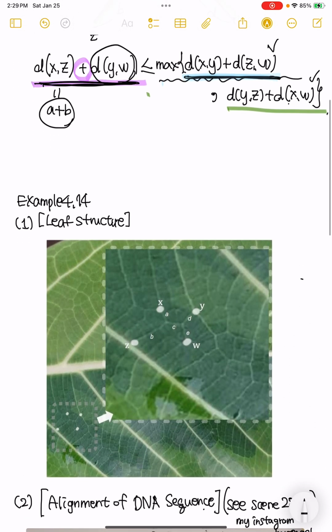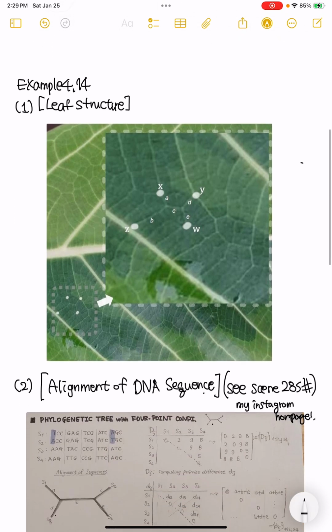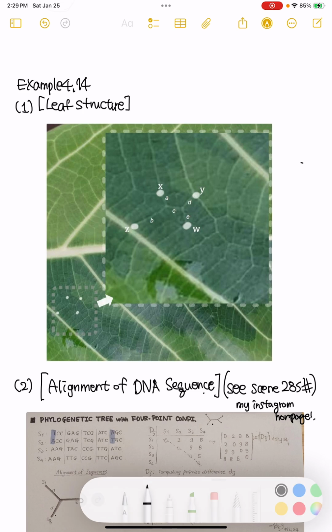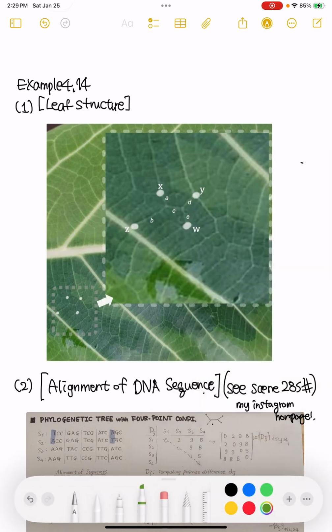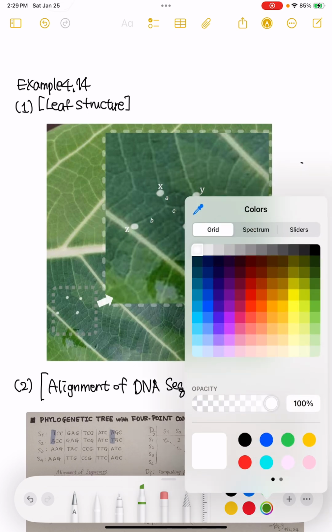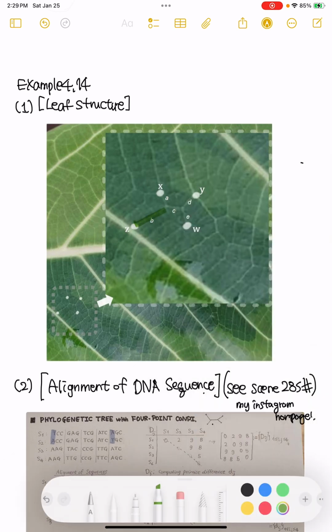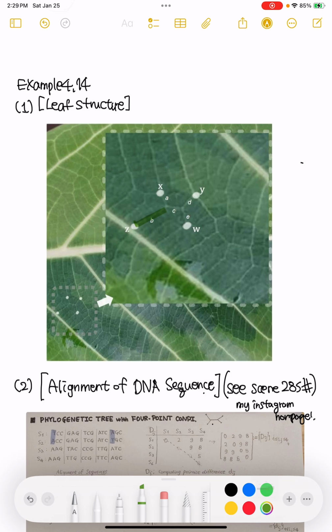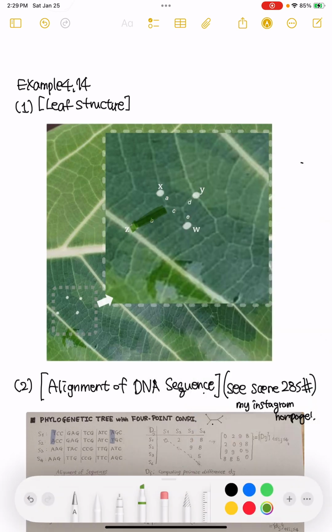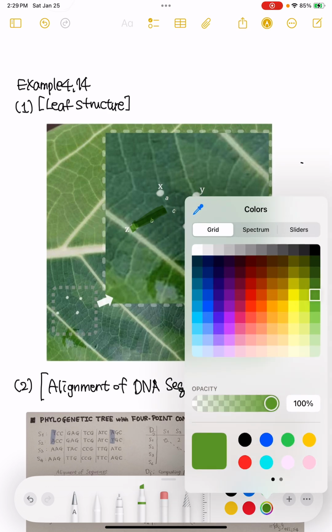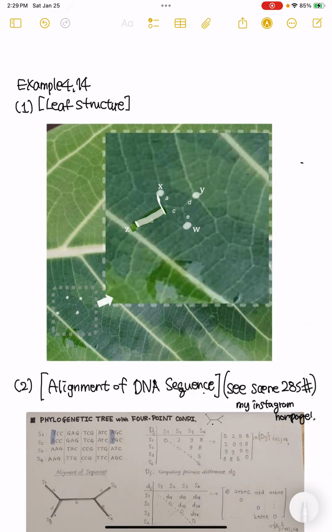For example, we can see a leaf structure, the so-called vein. When you observe the vein, we can see the following relation, like this.